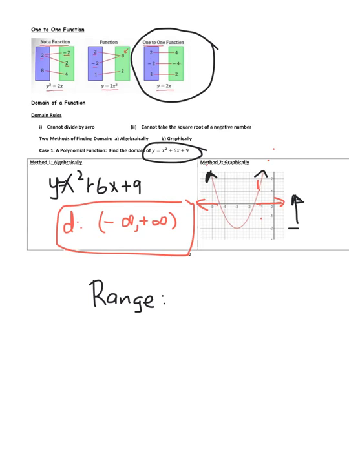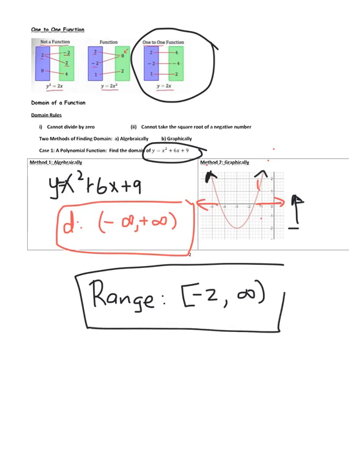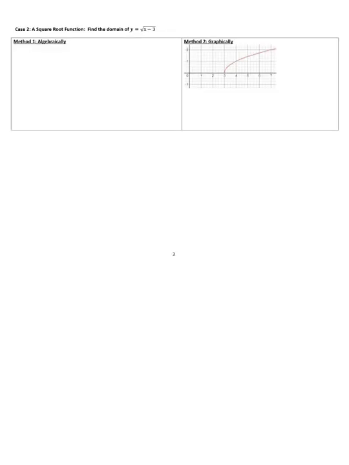So the range is going to start from -2, and -2 is included, so I use a square bracket, to positive infinity. When you are writing the range, you always start from the bottom up, and when you are writing the domain, you start from the left to the right. So those are the answers for the domain and the range.